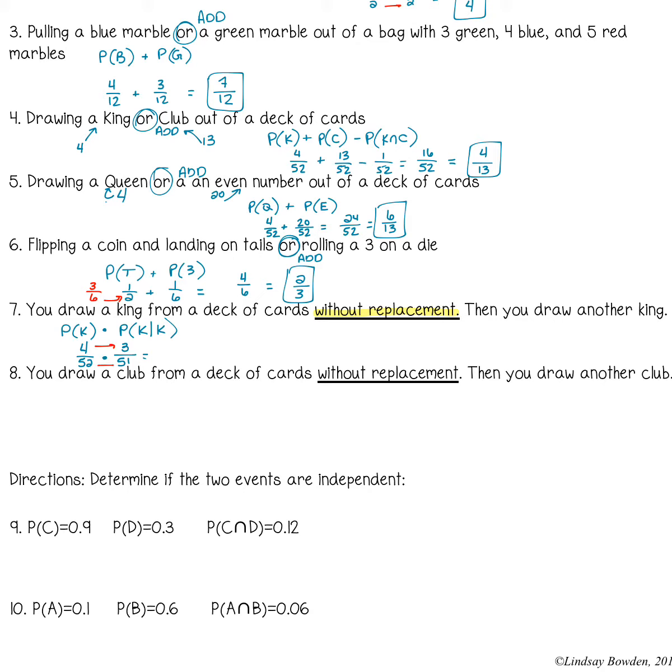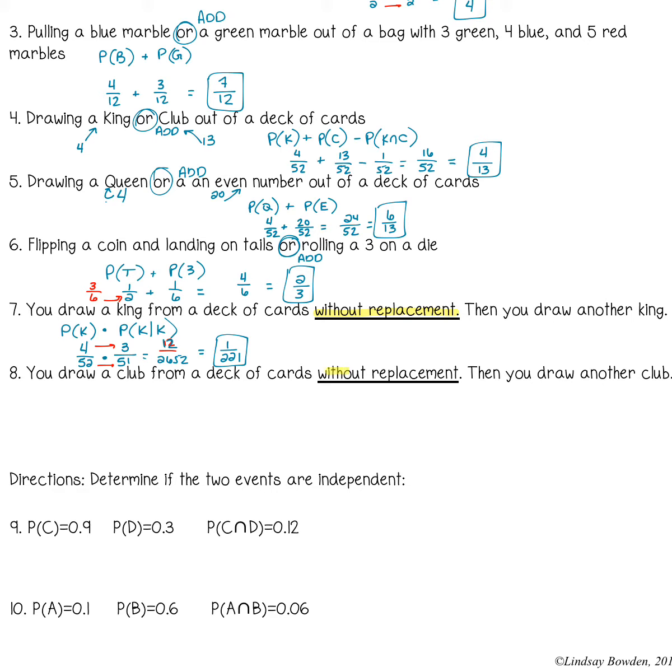So 4 times 3 over 51 times 52. 12 over 2,652. Can't write in red. And we're going to hit math frac. 12 divided by 2,652. Math frac. And we get 1 out of 221 chance. That's the chance that happens.